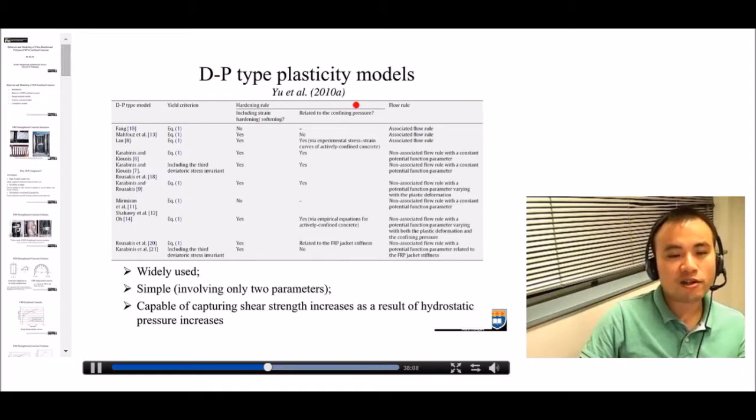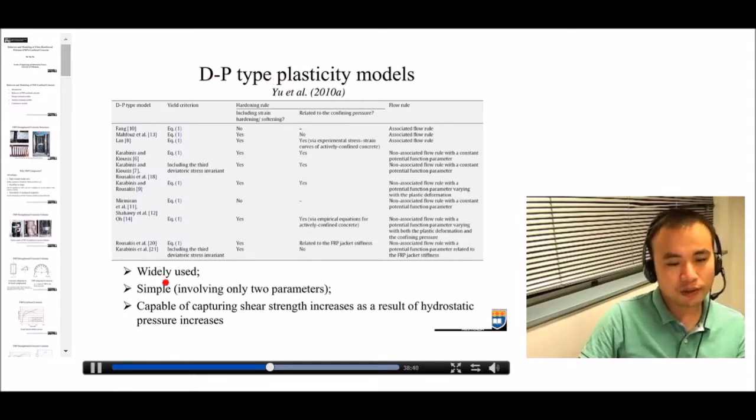And this table summarizes some existing models which have used concrete plasticity. And all these models use the so-called DP type plasticity model. And we will focus on this type of plasticity model first. And the conclusions which we will find from this type of model can also be applied to other types of concrete plasticity models.